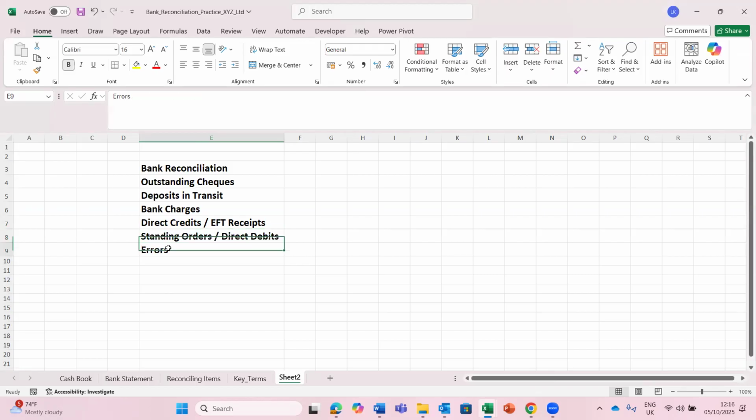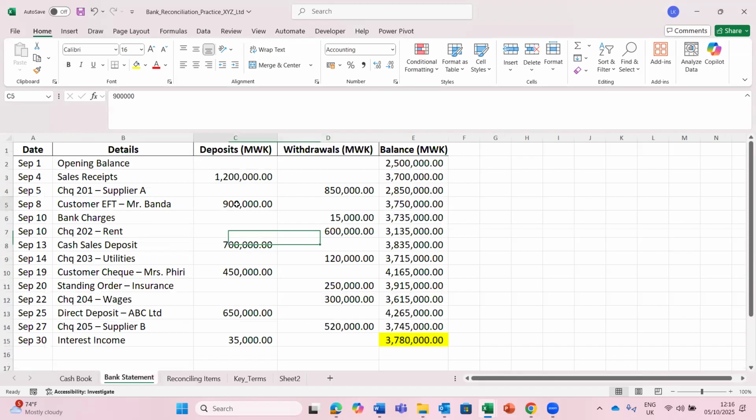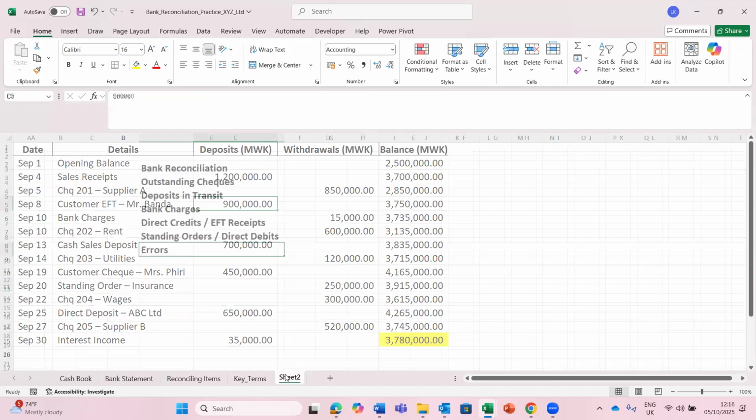And the other reason is errors. We can have errors on both sides. You can have errors by the bank, let's say instead of putting this transaction amount as 900,000, they put it as 9 million. So that's the error.